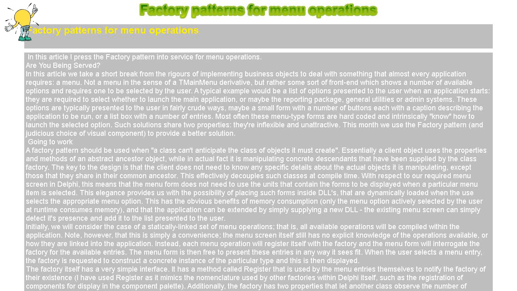The key to the design is that the client does not need to know any specific details about the actual objects it is manipulating, except those that they share in their common ancestor. This effectively decouples such classes at compile time.